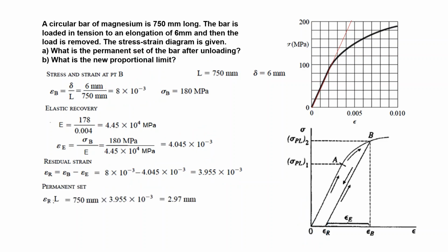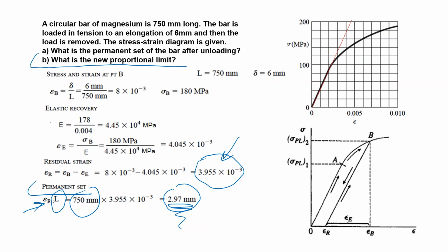So what I do is, the initial length was 750. That is the residual remaining strain on the bar. So the bar is 2.97 millimeter longer. That's the permanent set. Question 2, what is the new proportional limit?